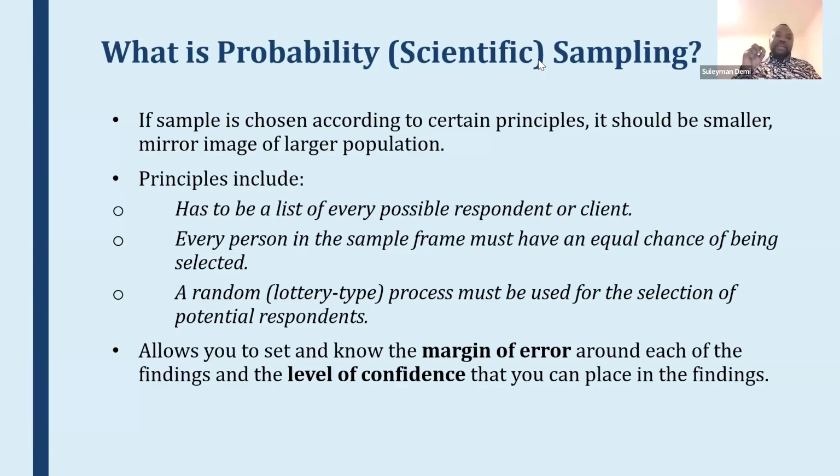So when you have a margin of error of 1%, meaning the confidence level is 99. When you have a margin of error of 5%, the confidence level is 95. So if you have a margin of error of 10%, what will be the confidence level?